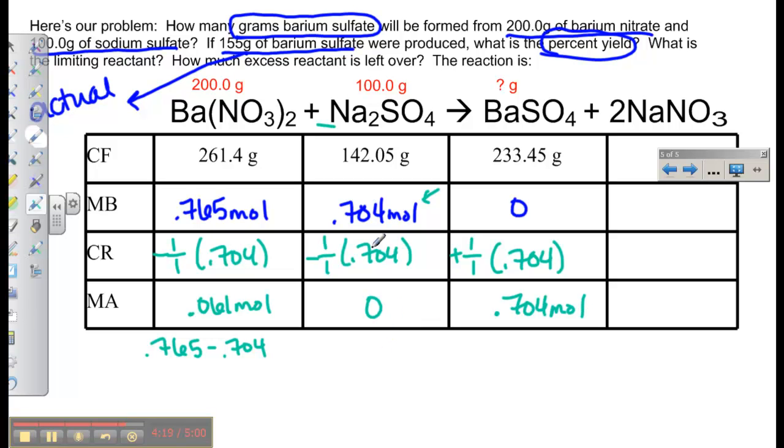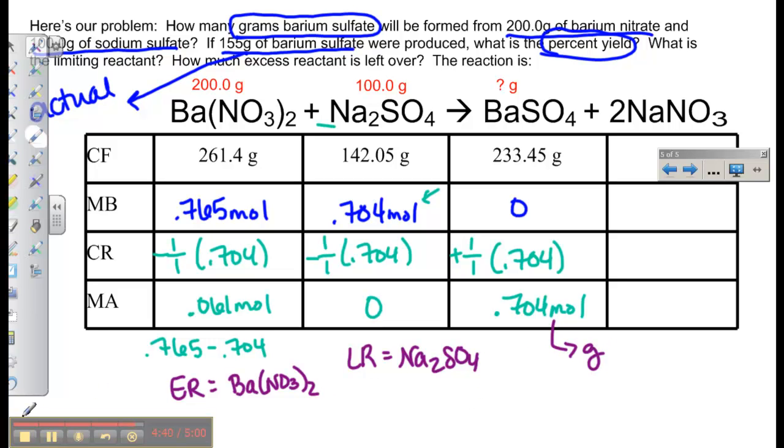So our limiting reactant here is our sodium sulfate. So limiting reactant is Na2SO4. The excess reactant is our barium nitrate. Okay, and now to actually get our theoretical yield, we're going to have to convert moles to grams.